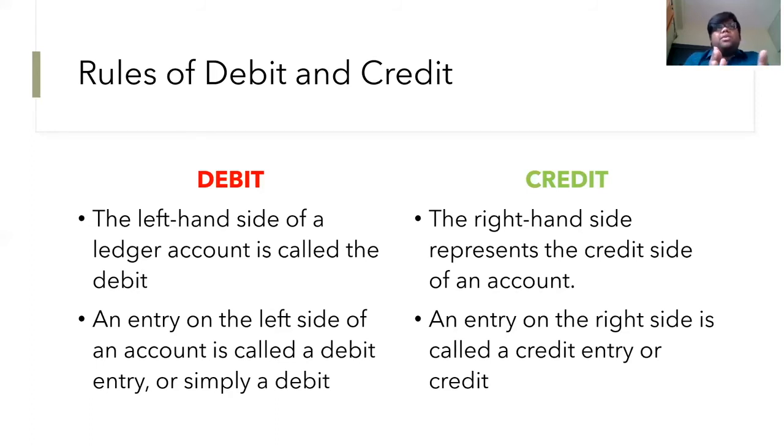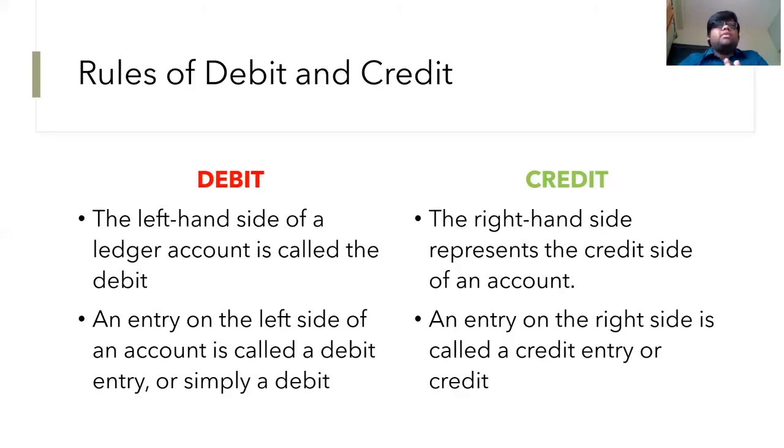If he introduces any additional capital, an entry will be made on the credit side of the capital account. And if he takes any money or goods from the business for his personal use, that will reduce his capital, and therefore the entry will be made on the debit side of his account.